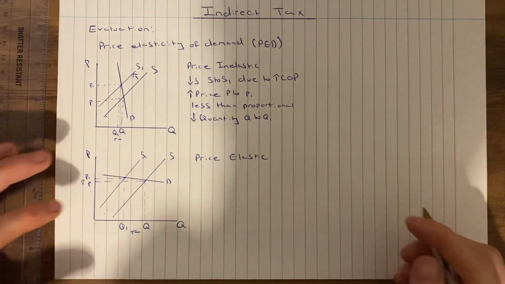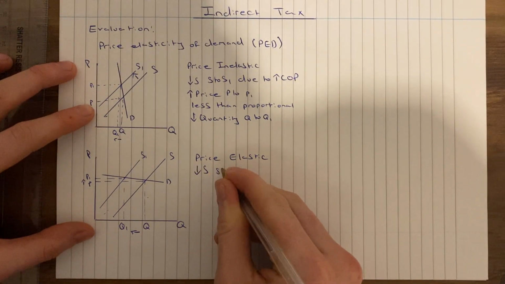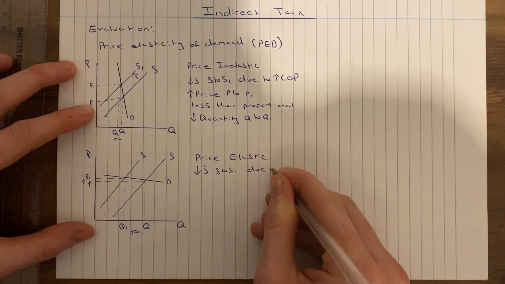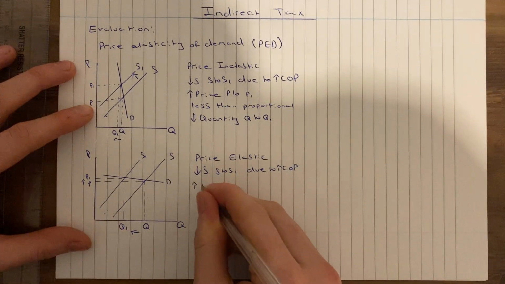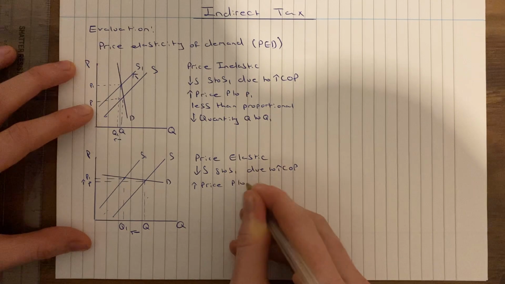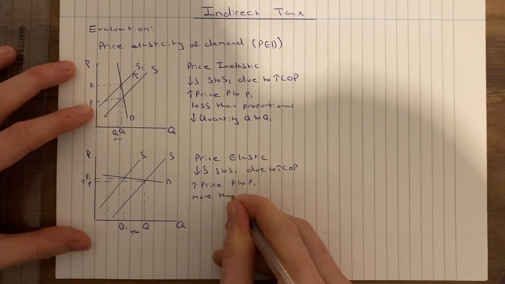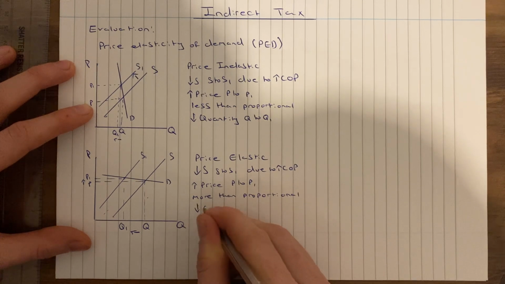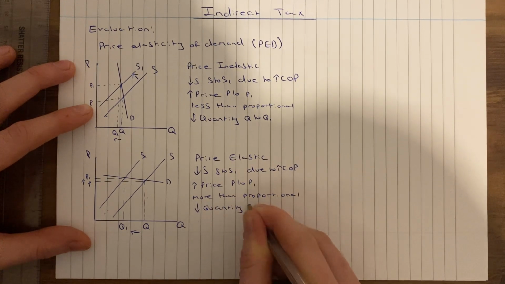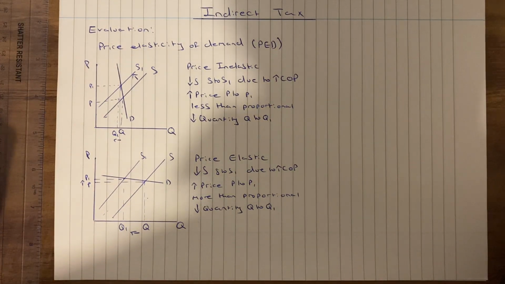We want the product to be price elastic, because obviously, as we see here, with the reduction in supply from S to S1 due to the increased cost of production as a result of the indirect tax, there is an increase in price P to P1, but in this case, there's actually a more than proportional decrease in quantity Q to Q1.